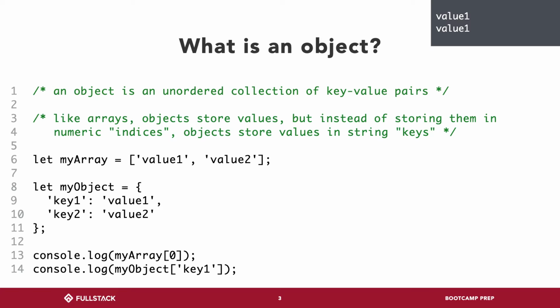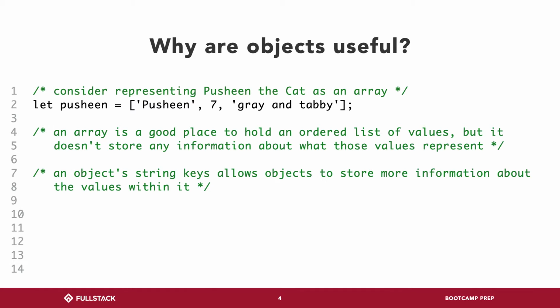Why are objects useful? Consider representing Pusheen the cat as an array. Let pusheen equal an array of the string Pusheen, then 7, then the string Gray and Tabby. An array is a good place to hold an ordered list of values, but it doesn't store any information about what those values represent. This is another true thing about objects that is really helpful.